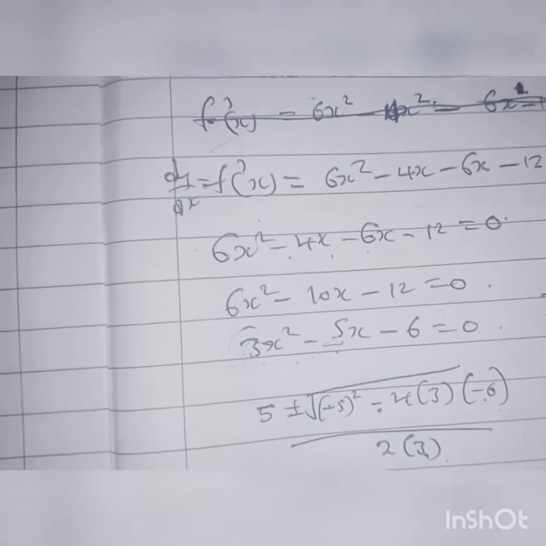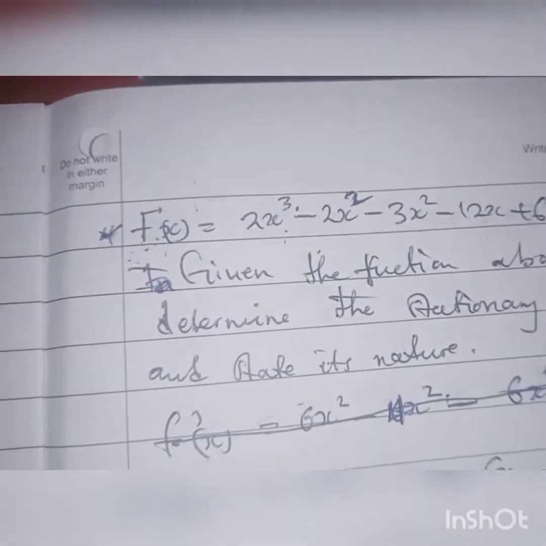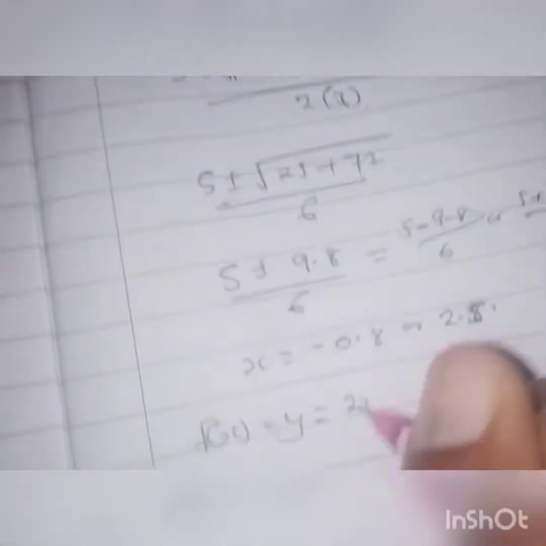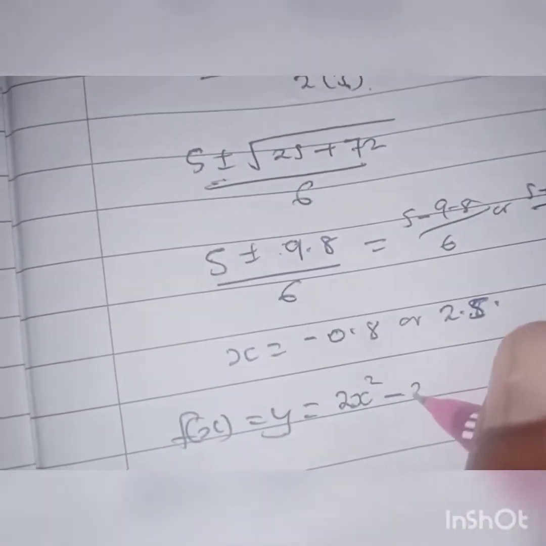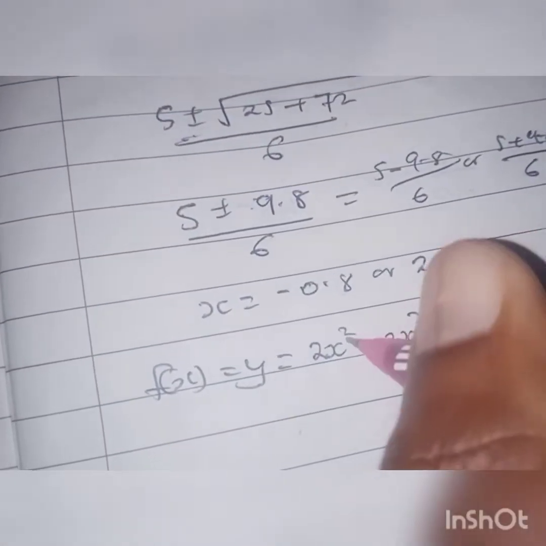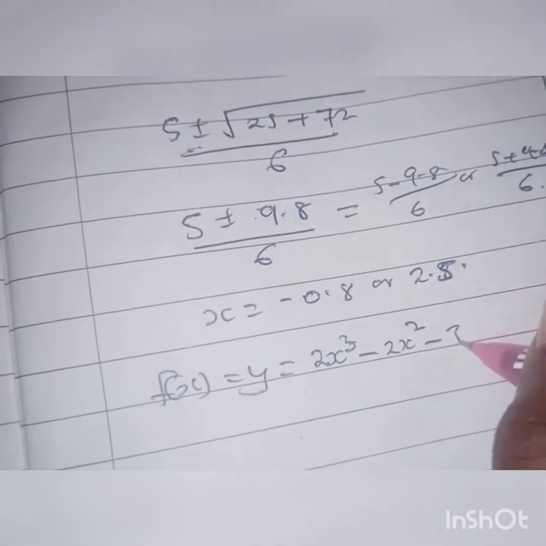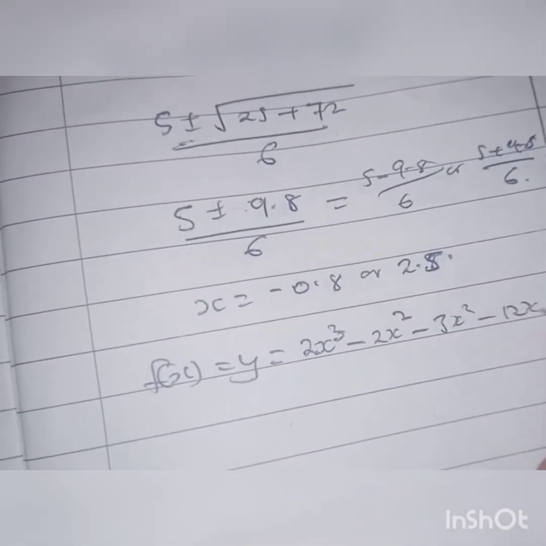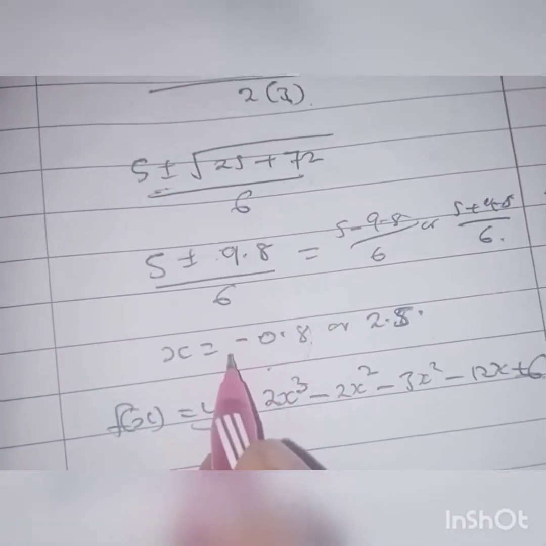So f(x) is the same as y, which equals 2x cubed minus 3x squared minus 12x plus 6. So let's insert the values of x so as we get y.